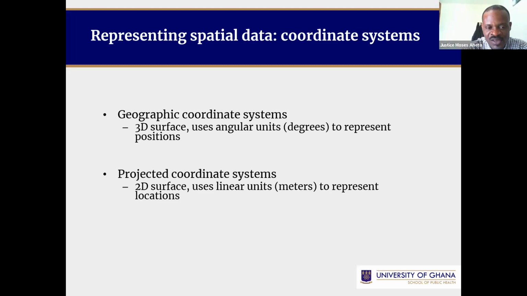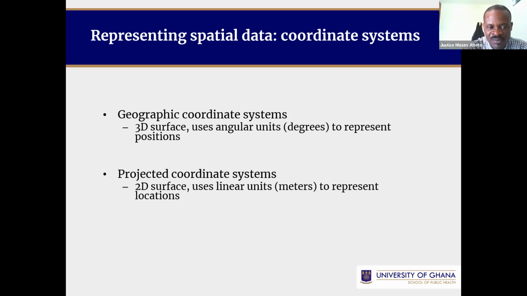But when it comes to what we call the projected coordinate system, which we'll also be looking at, you can project a 3D to a 2D surface, okay? So this is what we call the projection systems. You can transform a 3D surface, which is under the geographic coordinate system, to a 2D surface, which will be under projected coordinate systems.